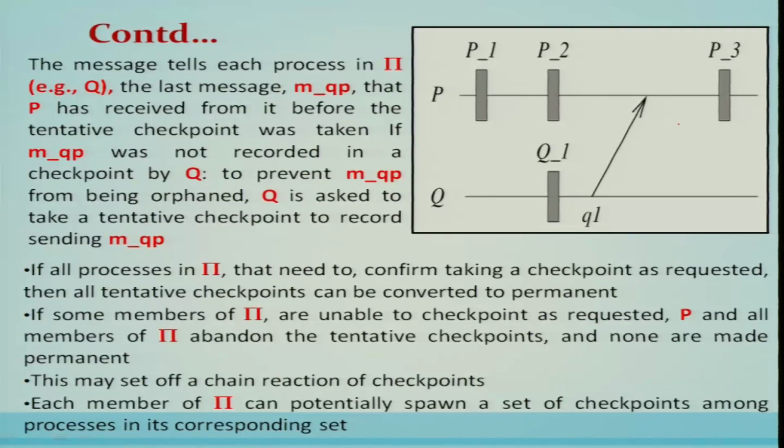The message tells each process the last message that P has received from it before the tentative checkpoint was taken. If that particular message was not recorded in a checkpoint by Q, to prevent it from being orphaned, Q is asked to take a tentative checkpoint, and this is basically done here in this case.